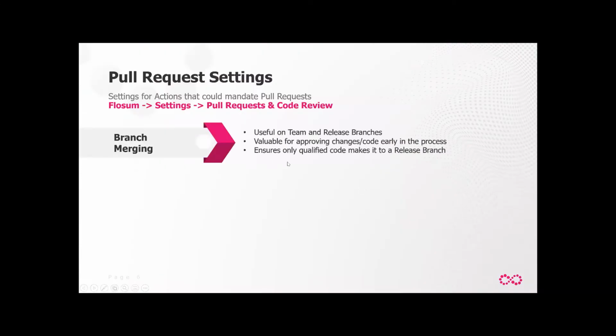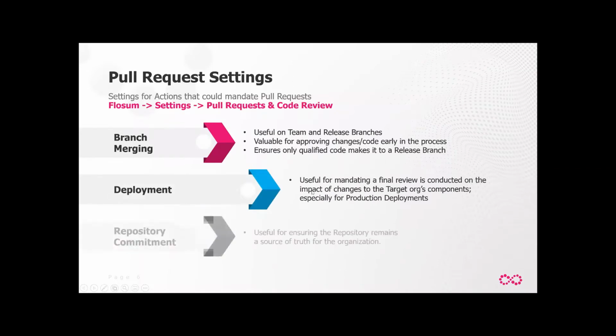With branch merging being one scenario, deployments being another scenario, and repository commitments being another. The major use cases that we like to emphasize when it comes to branch merges is they're very useful for the shared team or release branches that you may have people promoting their code into. Valuable for approving changes early, so that anything that is a change worthy of a further discussion is not something that happens later on in a timeline for a sprint when things are getting closer to deployment, and maybe you should have had a conversation a little bit sooner.